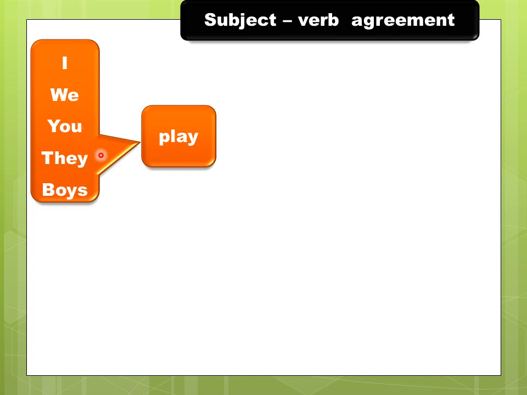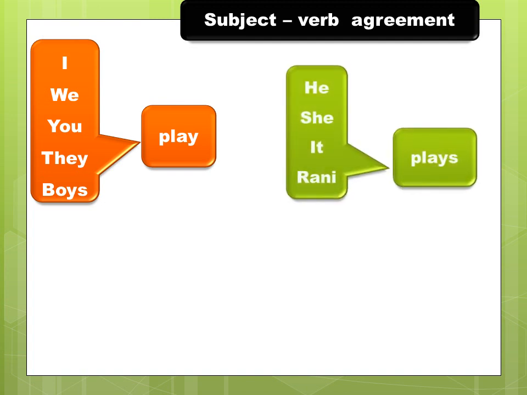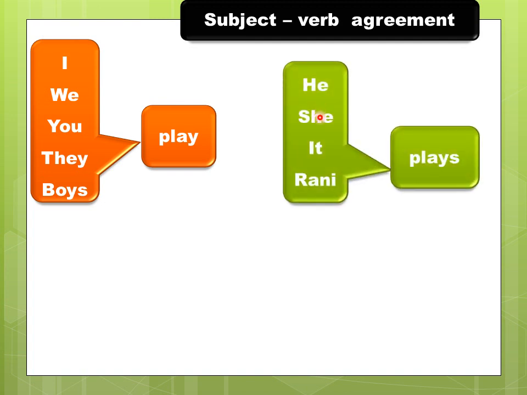With these, we use the main form of verb, that is V1, play. Now let's see for the pronouns he, she, it, and Rani. All these are singular. With this, we use the verb plays, that is V1 plus S. So here we have used the inflection.